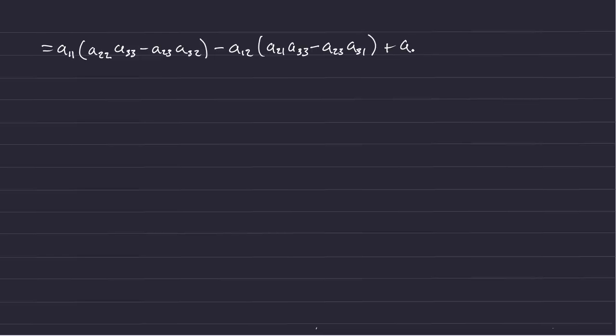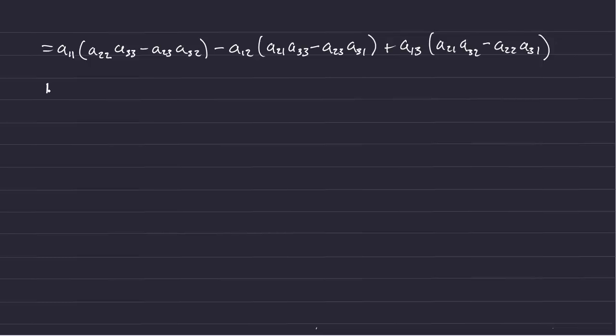So writing that equation out, we have the determinant is equal to A11 times the determinant of the lower right submatrix, minus A12 times the determinant of the second matrix with the first row and the second column removed. So that's the determinant of a 3 by 3 matrix.